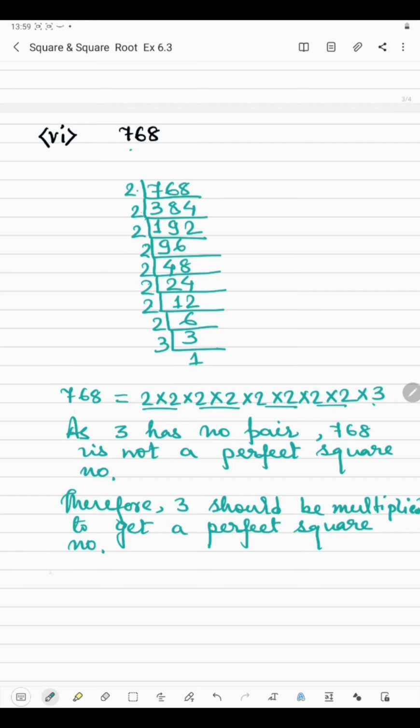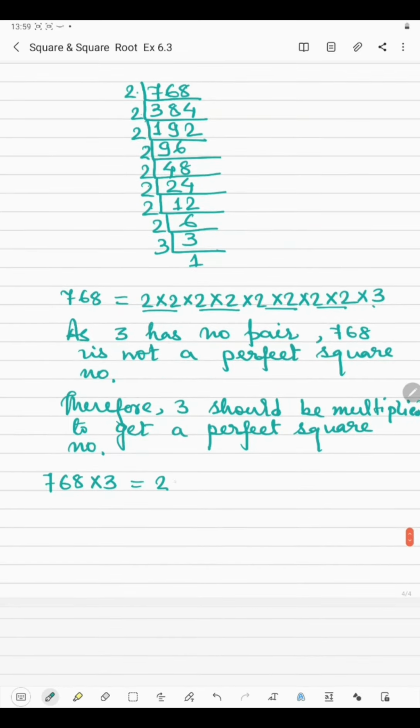Now if you multiply 3 on both the sides, we'll have 768 multiplied by 3, and on the right hand side we have 8 2s, 1 2 3 4 5 6 7 8, and then we had 1 3 and one more 3 we have taken here. Now see, these all are in pair now.